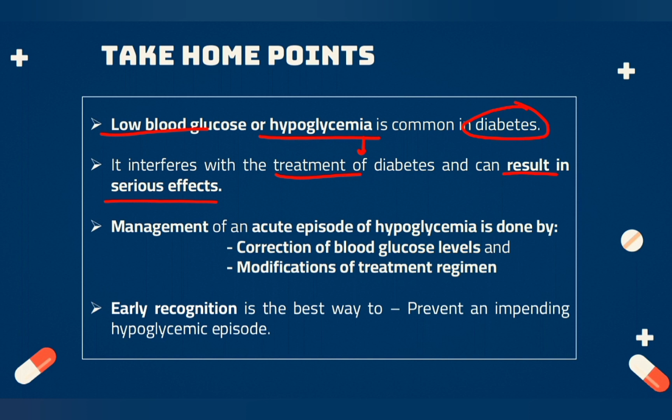For the management of an acute episode of hypoglycemia, there are two ways. The first way is correction of the blood glucose level, and the second way is modification of the treatment regimen. Possibly it is the treatment regimen which is causing the hypoglycemia, and the most common are sulfonylureas and insulin injections.